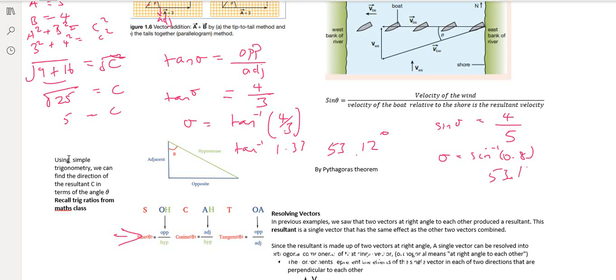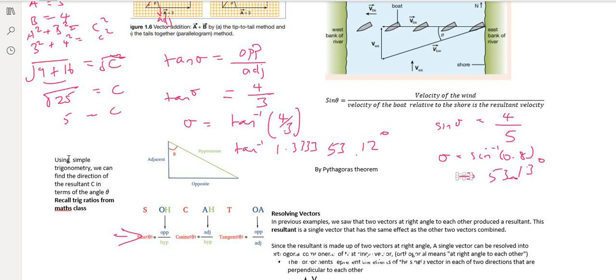Well, in this case, it gives us 53.13 degrees, and as we said, it depends on how much you round this off to. That is what would make it a little bit different, but it's the same answer. So we have the concept right.